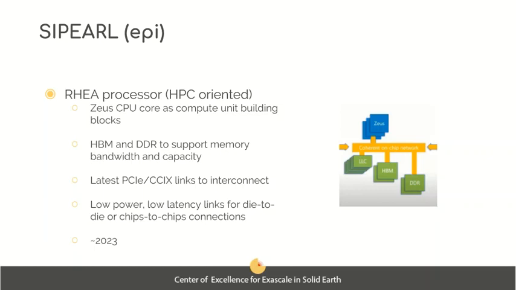As this processor is expected for 2023, we don't have a lot of characteristics to share. We have some, but they are currently under NDA. So for the moment, the specification of this processor is kept quite secret.